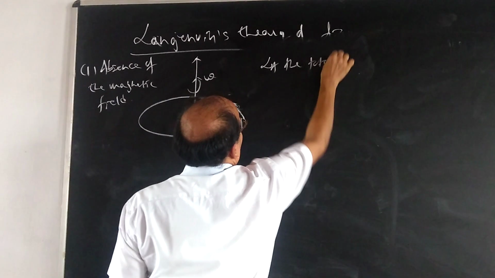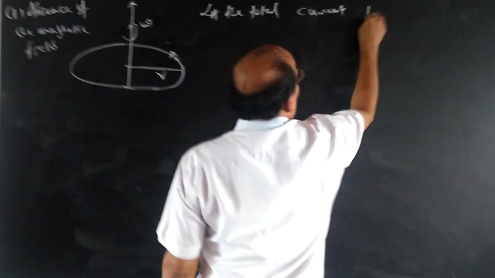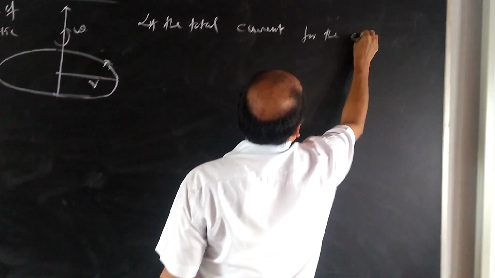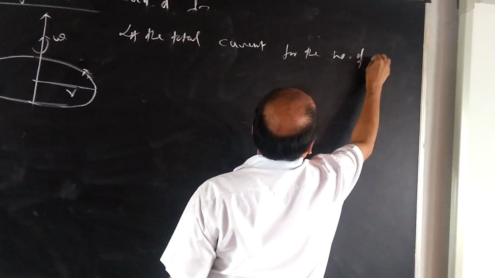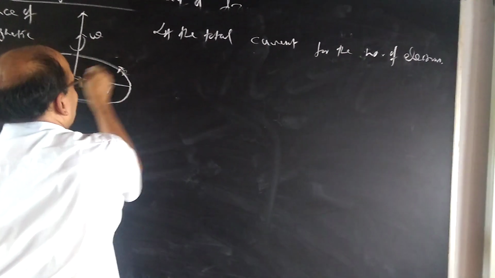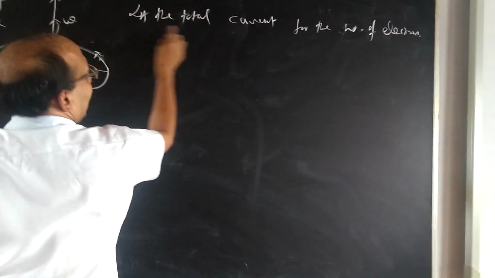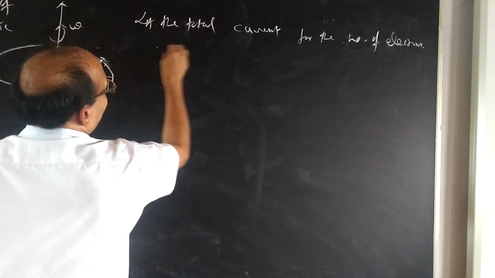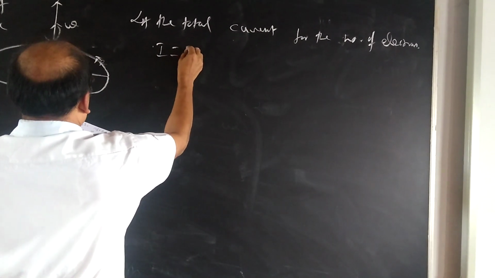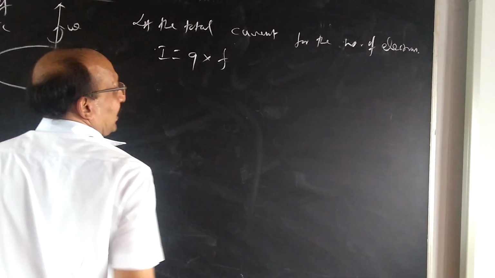Let the total current for the number of electrons in the nucleus, because we have considered the nucleus, with the electrons moving, having a charge, be nothing but Q into frequency f.